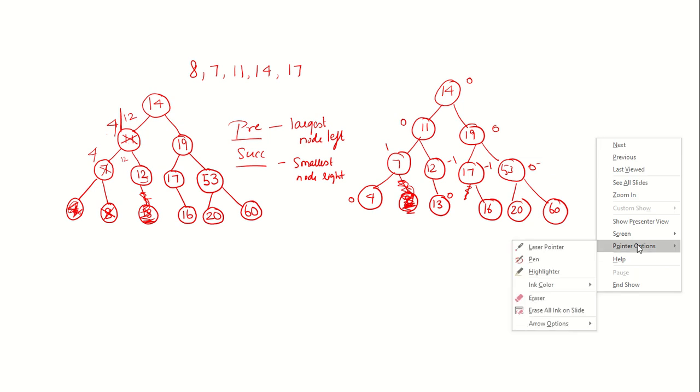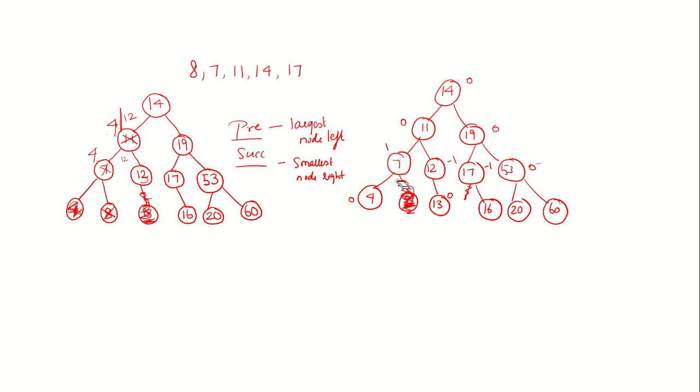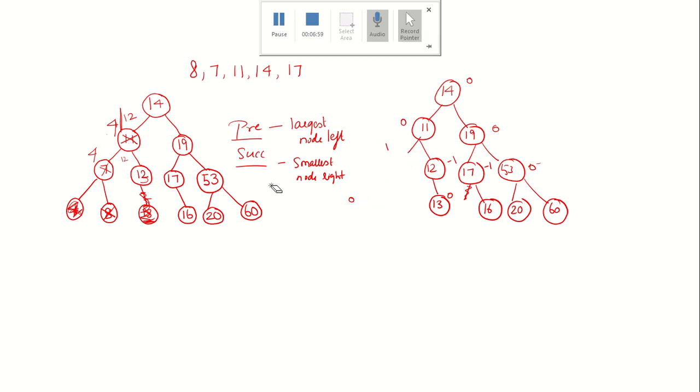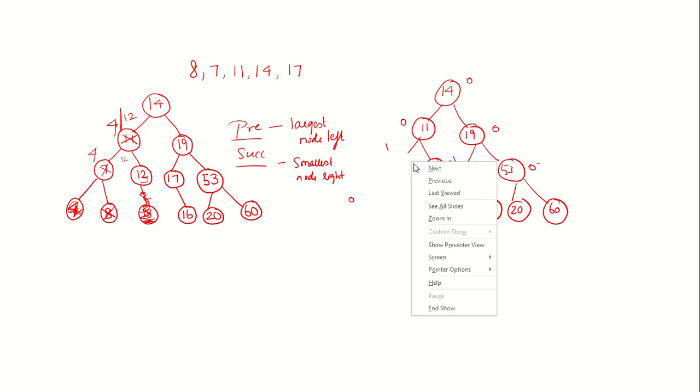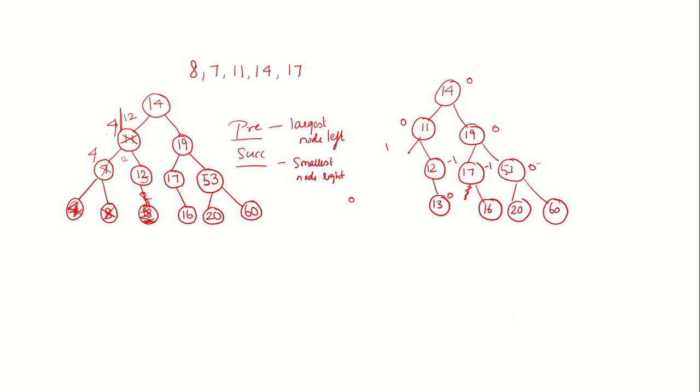Now here you can see 7 has only one child, so there is no confusion. Replace 7 with 4. So I am going to replace 7 with 4.